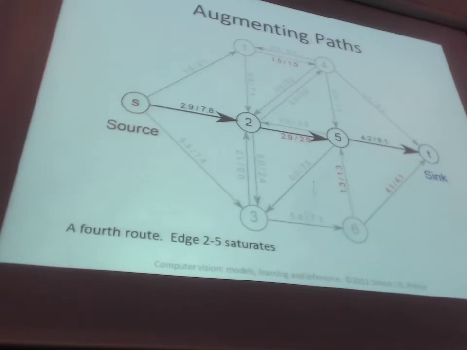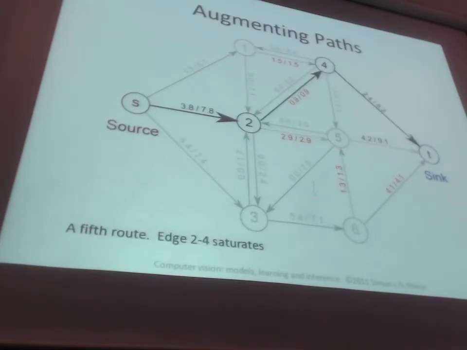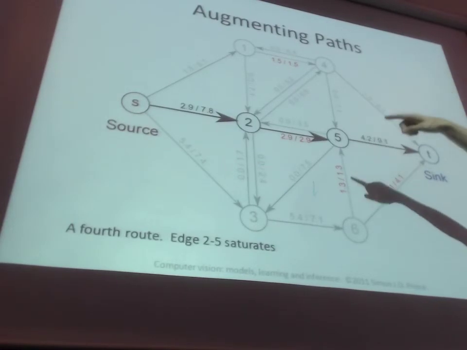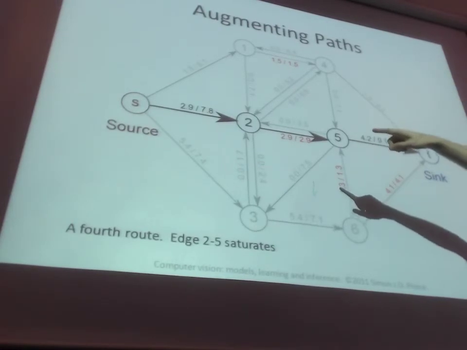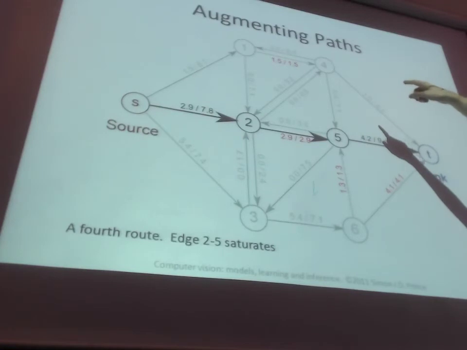Are we done? Can we pump any more water through this system? So I see a head nodding yes. Yes, we can pump some more water through the system. Where is there some spare capacity? You could go from 1 to 2, and then from 2 to 4. So I think the suggestion is 1 to 2 and 2 up to 4. Okay, so that's not my next slide, but I think it's absolutely right that we could do that.